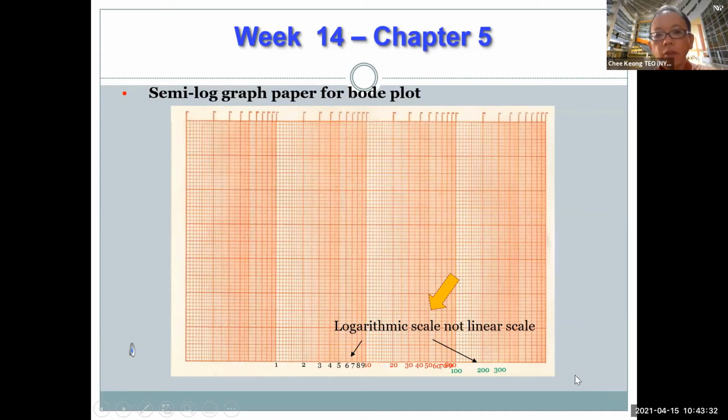Therefore, in frequency plots, we would like to use logarithmic, because logarithmic squeezes the whole frequency, whole x-axis range, to a manageable range, because it always jumps tenfold, right? Every 0 to 10, then 10 to 100, 100 to 1,000, 1,000 to 10,000, or something like that.